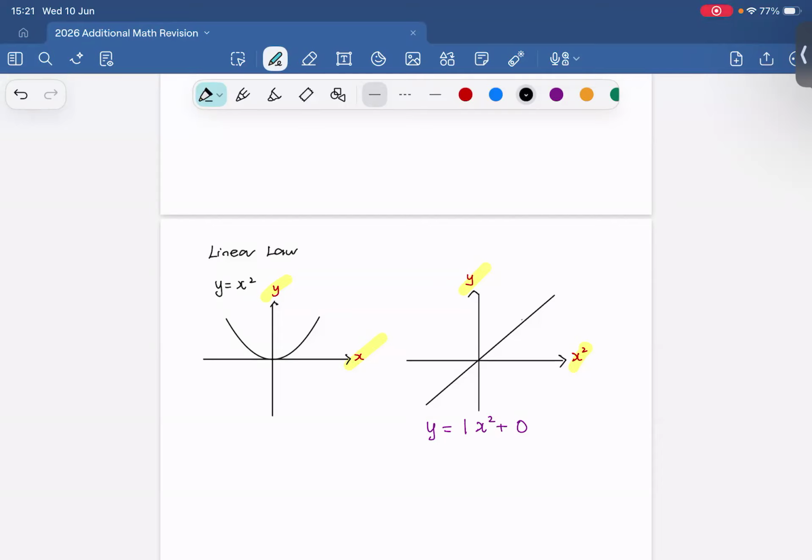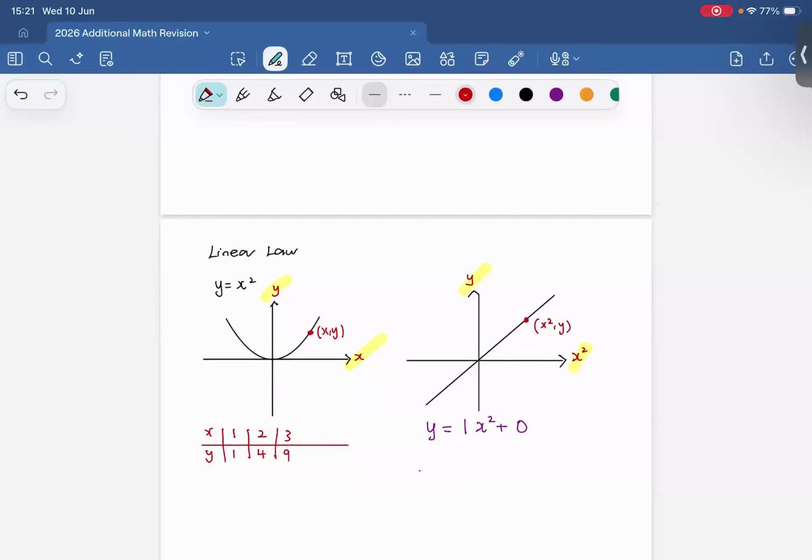Okay, so we must understand that every point on the graph here represents (x squared, y). The coordinate here is your (x, y). For example, if you have a table and you plot x and y: when x is 1, y is 1. When x is 2, y is 4. When x is 3, y is 9.